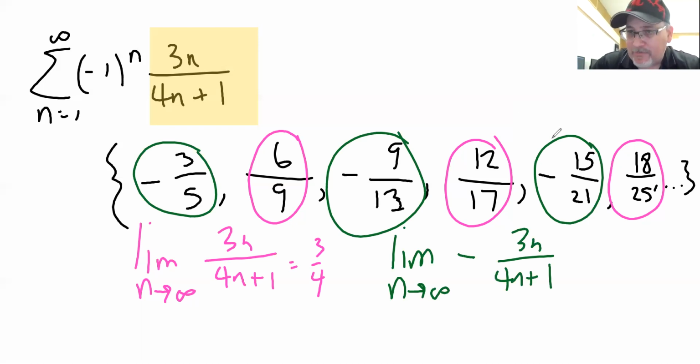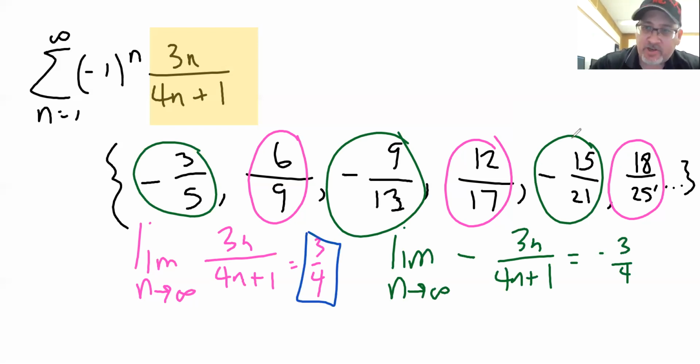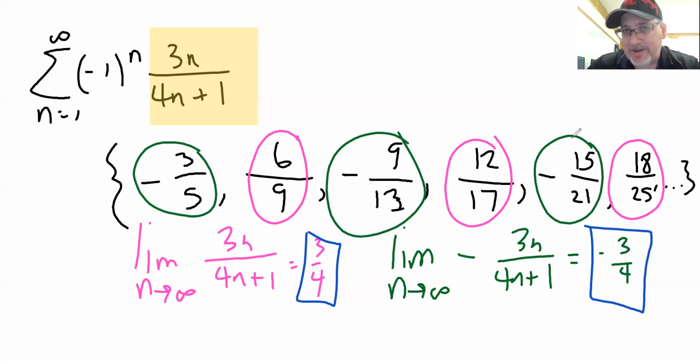That limit is still 3/4, but now it's negative. And so we have two subsequences that converge to different non-zero values. And so the original alternating sequence diverges by oscillation.